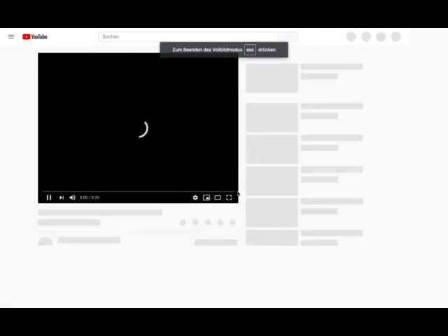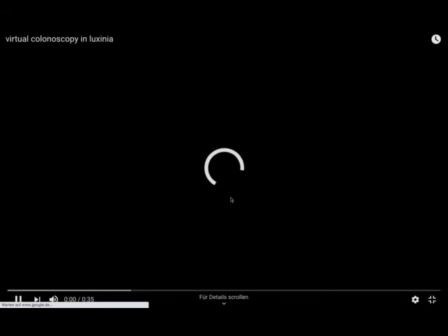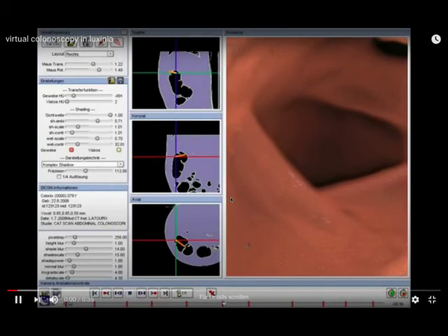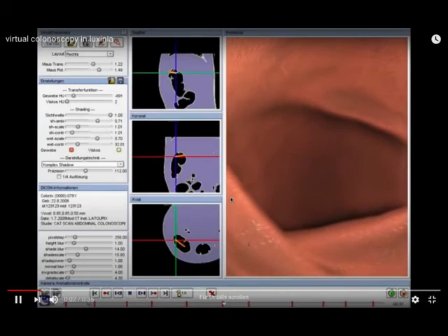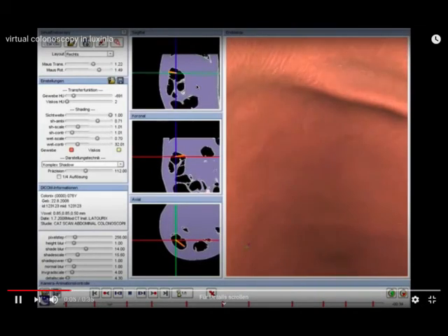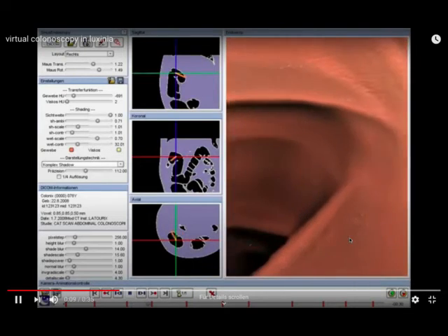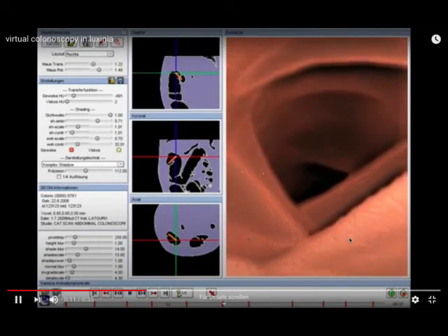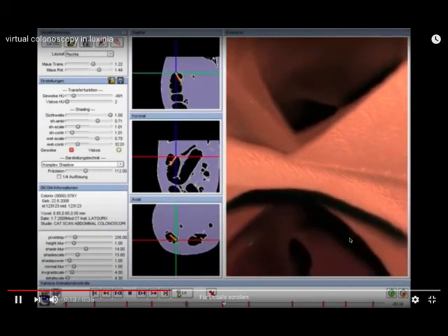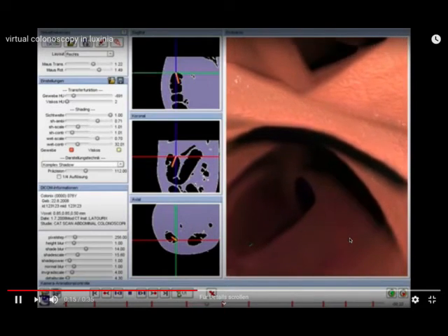It's not the fastest internet of the world that we see in the moment. You see these corresponding views, how the 2D visualizations are adapted when we go further on. That is virtual colonoscopy.